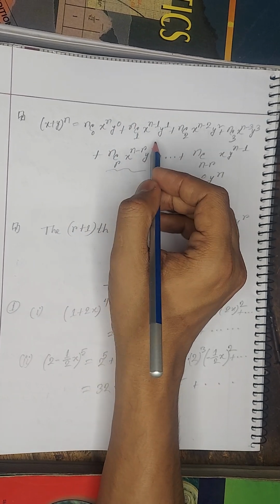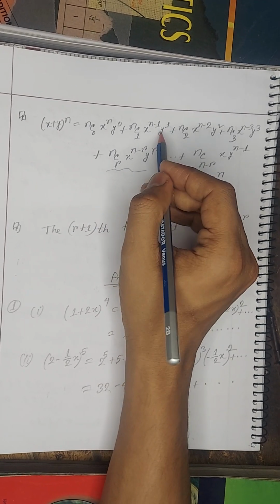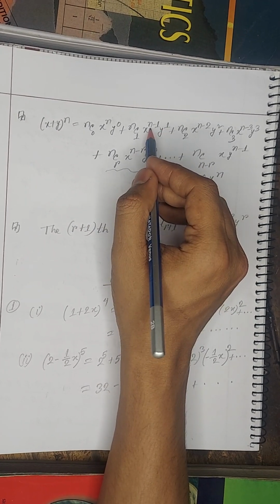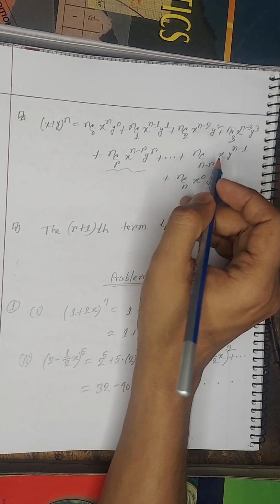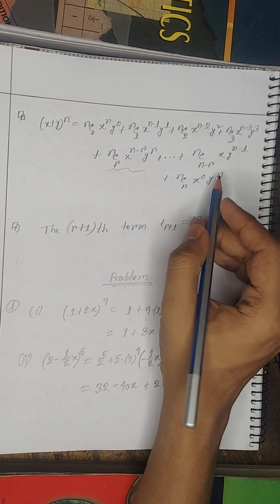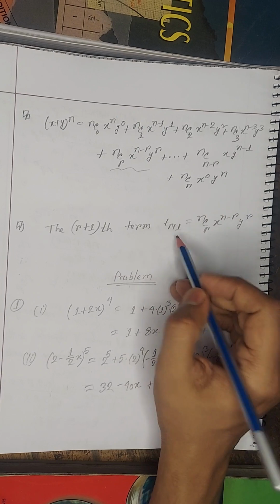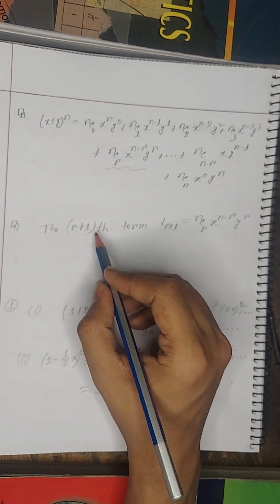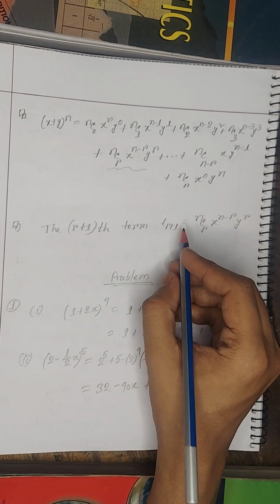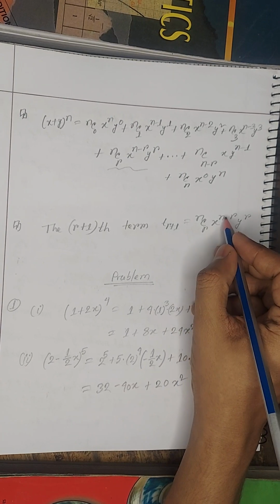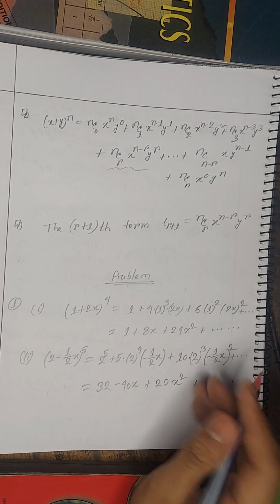If you see the pattern, gradually the power of y will increase and the power of x will decrease, right? And from this pattern, we can get the general term, which is the r plus 1 term, which is nCr x to the power n minus r y to the power r, right?